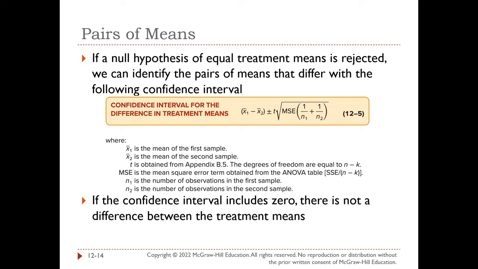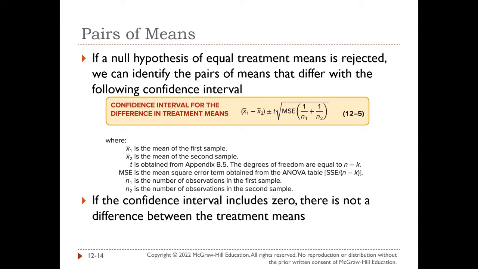Add and subtract, and our good friend t values, using the degrees of freedom that are equal to n minus k, the number of observations minus the number of treatments.